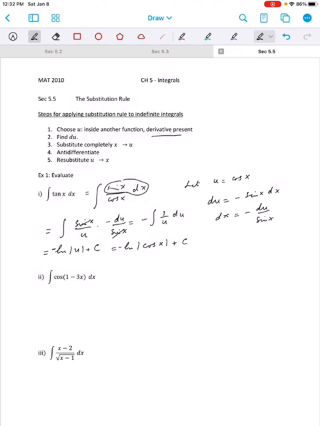But notice here, you can have this as your answer, or if you recall, negative ln of x is actually ln of x to the negative 1, or ln of 1 over x.